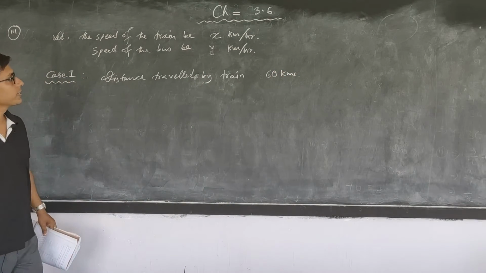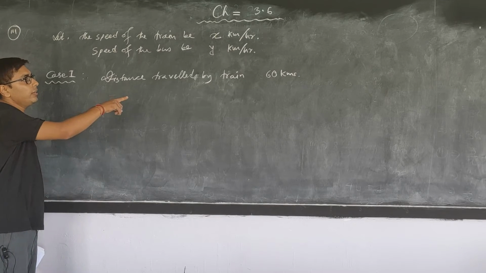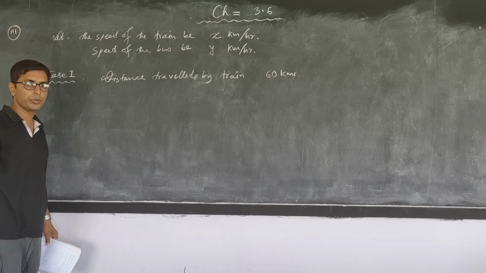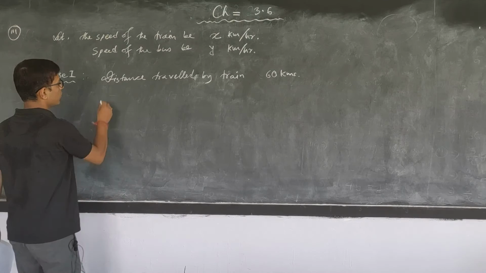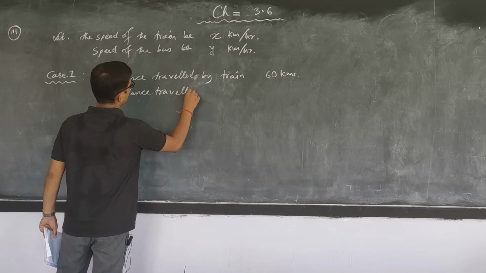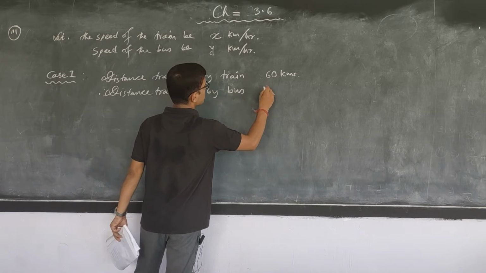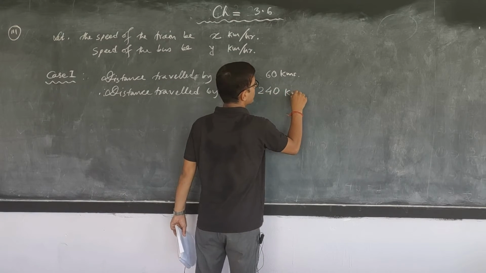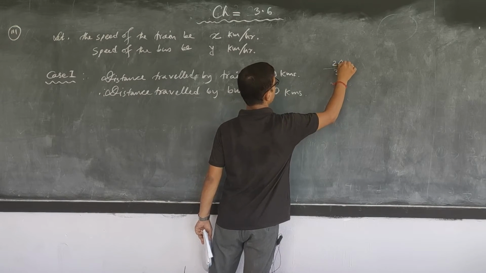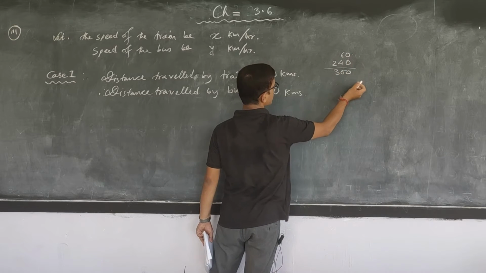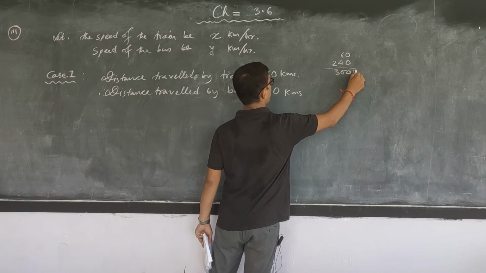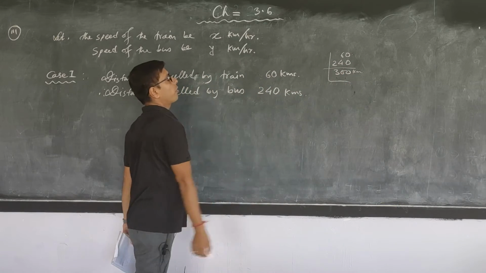If she travels 60 kilometers by train and she travels a total of 300 kilometers, then obviously the remaining distance by bus is 240 kilometers, because 60 plus 240 is 300 kilometers.